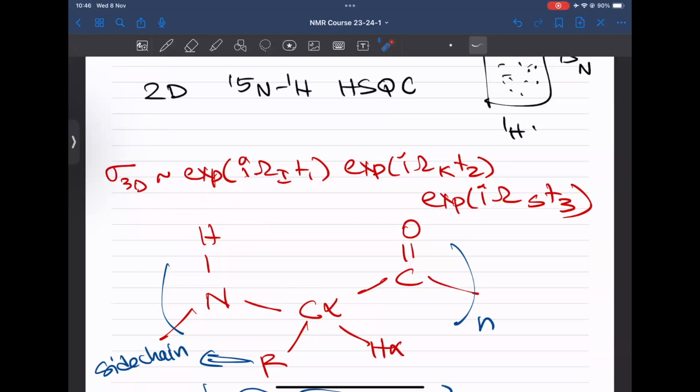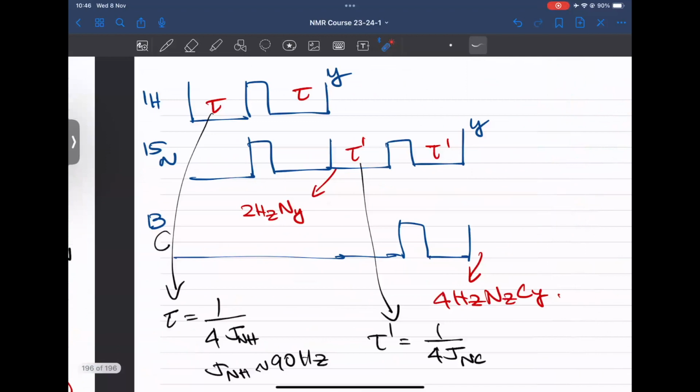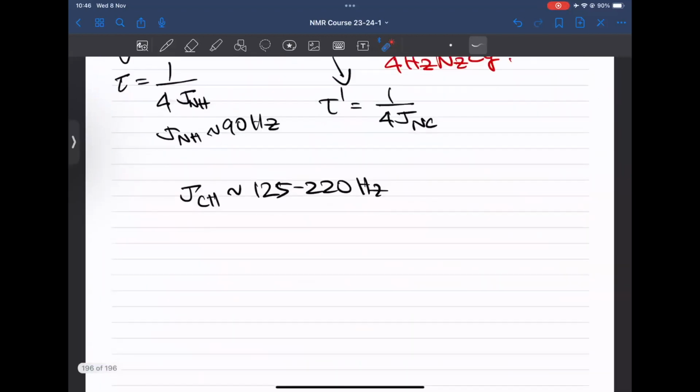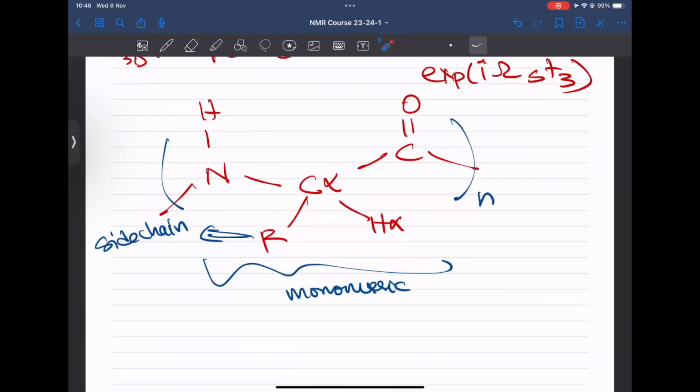Take an example of a 2D experiment where whenever you had H and N bonded, you got a peak. If H is bonded to C, you didn't get a peak. If H is not bonded to C or N, you do not get a peak. That means it's not correlated at that point, right? So here what we are talking about is that only when you have the H correlated with N and the N correlated with C, you're going to get a signal, right?